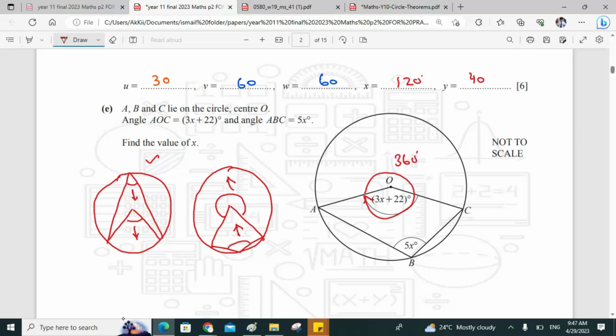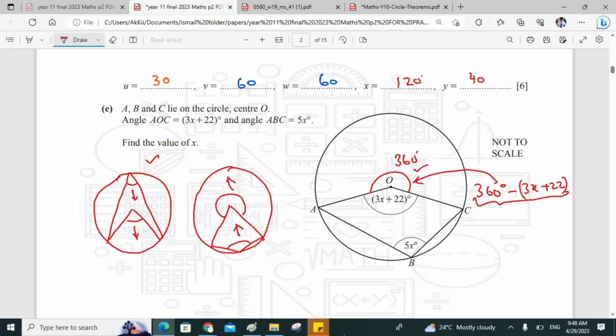So if I have to take just this outer part, it must be 360 degrees minus (3x plus 22). If I subtract this from 360, that will be the outside angle. Let me mark it here, this angle, right? So this angle, it will be this one.